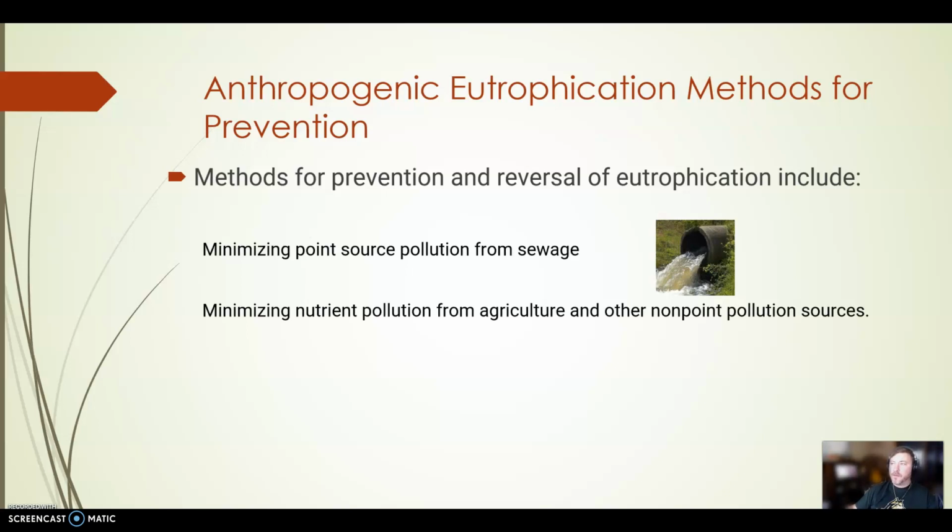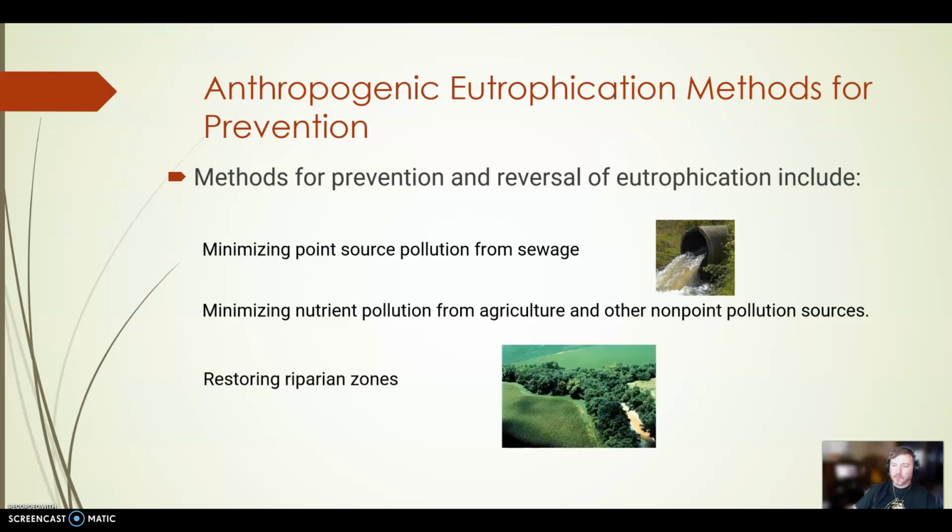A second way for the prevention of eutrophication is minimizing nutrient pollution from agriculture and other non-point pollution sources. A third way is restoring riparian zones. Riparian zones are strips of land adjacent to water that are covered in foliage that act as a buffer between the water and excess nutrients.